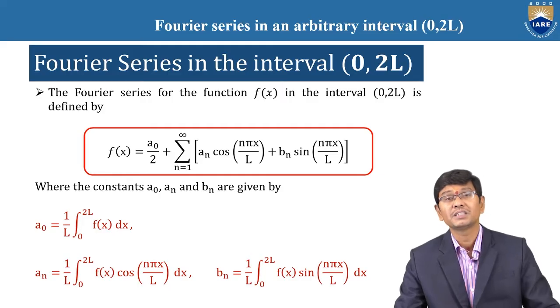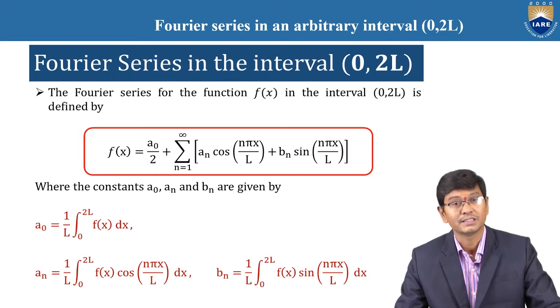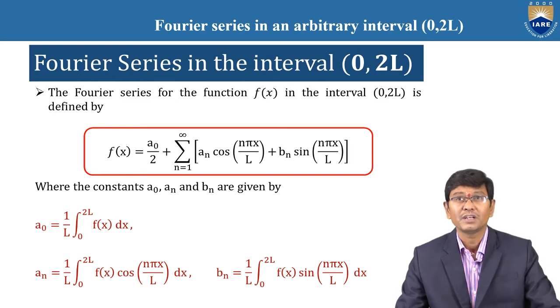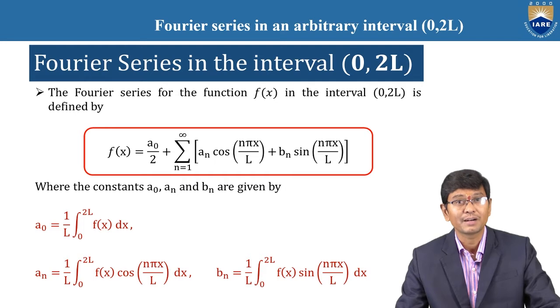First of all, we will discuss the required Fourier series in the interval 0 to 2l. The Fourier series for the function f of x in the interval 0 to 2l is defined by f of x equal to a0 by 2 plus summation n equal to 1 to infinity of an cos n pi x by l plus bn sin n pi x by l, where the constants a0, an, bn are the Euler coefficients or Fourier coefficients.